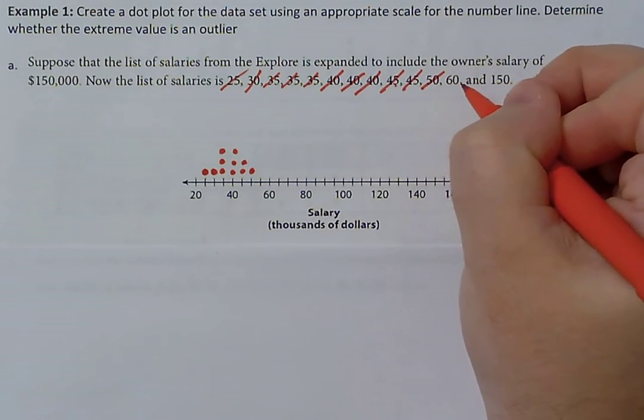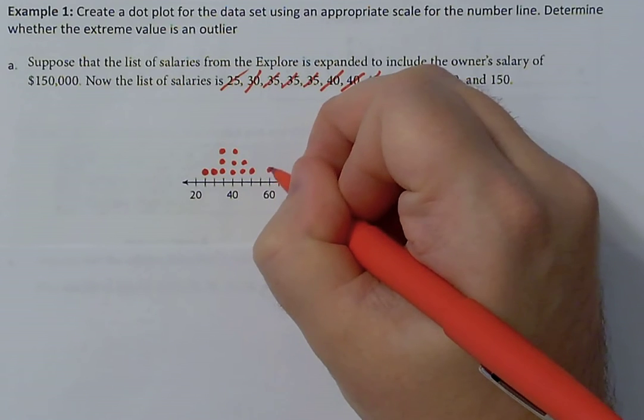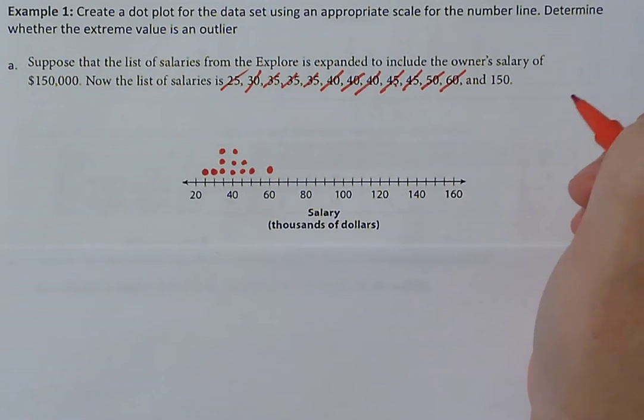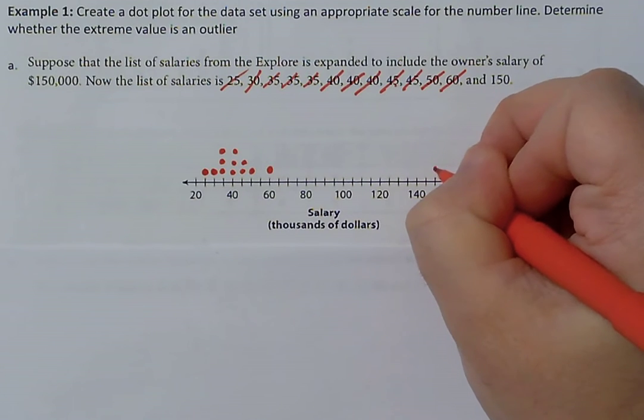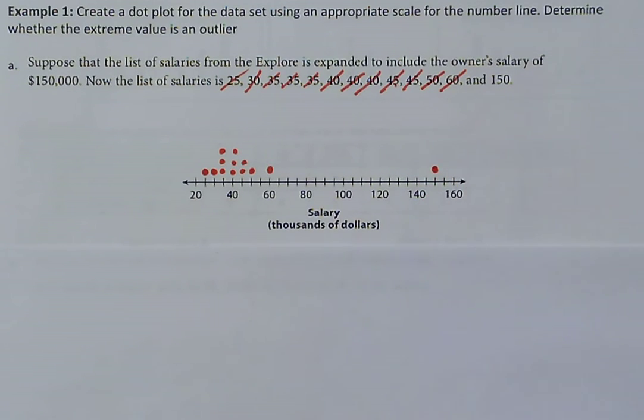And then 60, there's only 1. And then we also have 150, so we're going to put a dot all the way down at 150.